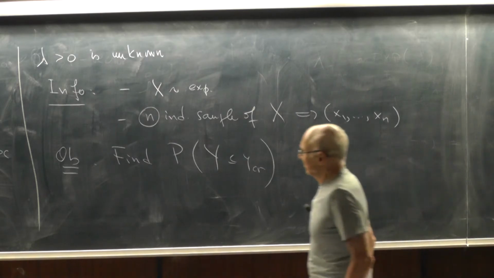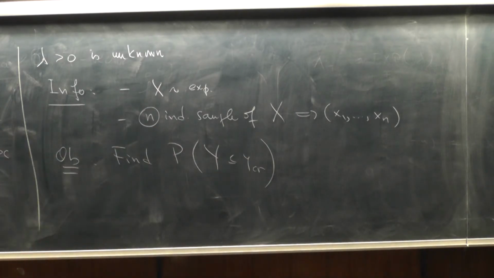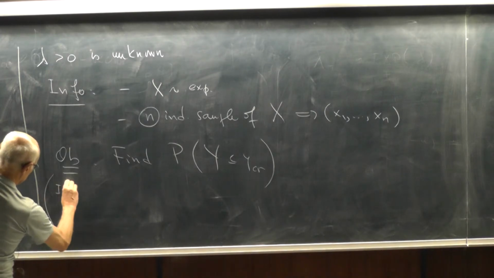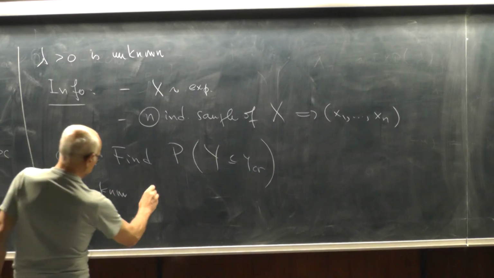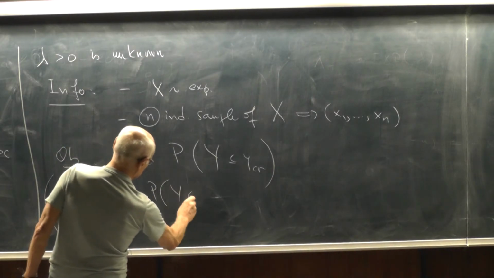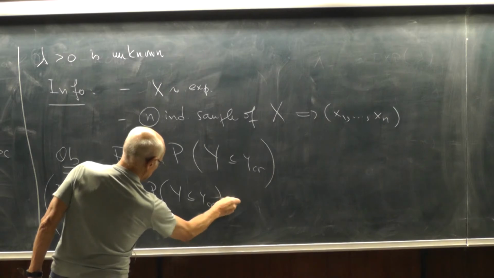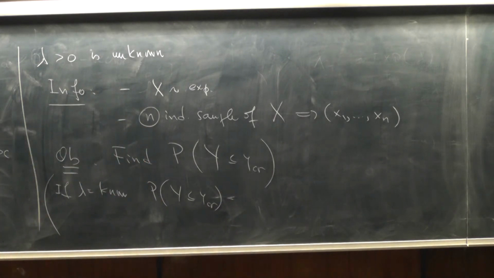So if lambda is known, let me write it in parentheses here. If lambda is known, this probability is simply the distribution, right?